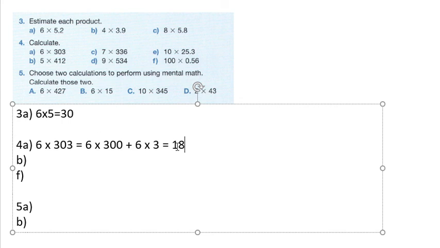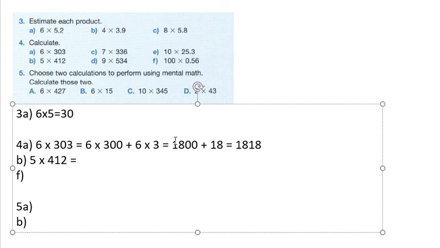And then there are 2 zeros, so add 2 zeros. And now I'm going to add my 6 times 3, which we know is 18. So our calculated answer is 1,818. Let's do B. 5 times 412. And we're doing the same thing here.